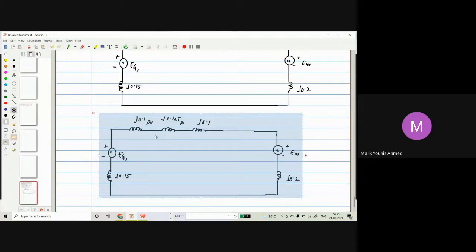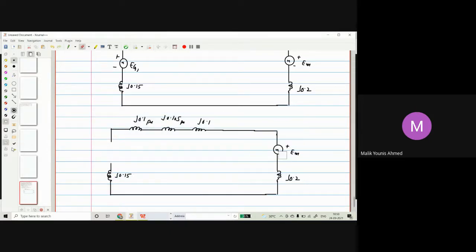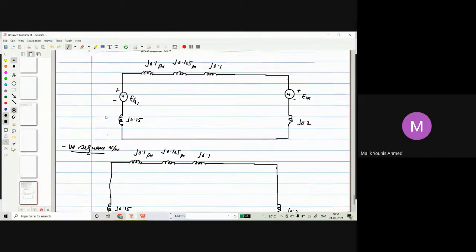Okay, so in case of the negative sequence, we will not have this voltage source. So this is the negative sequence network, and this was the positive sequence network.